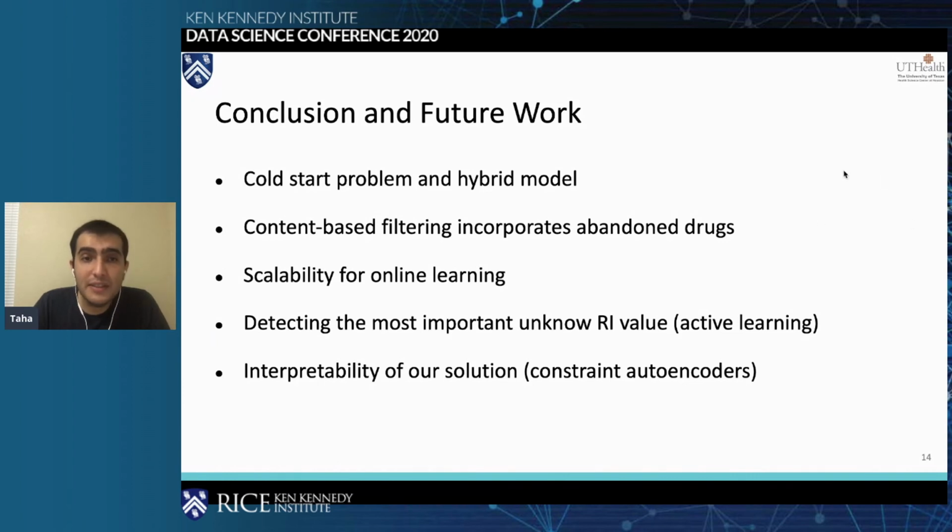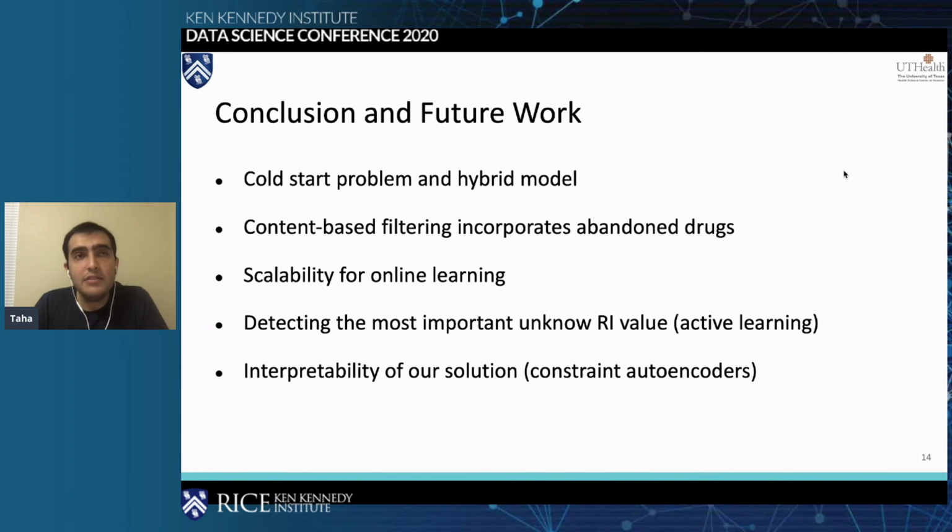Actually, content-based filtering helps incorporate abundant drugs. By abundant drugs, I mean drugs that are already approved past the preclinical trial and phase 1 clinical trial, but have not been shown to be effective on a disease. So maybe their importance or sensitivity could be shown on a new disease that we are going to discover by our computational approach.